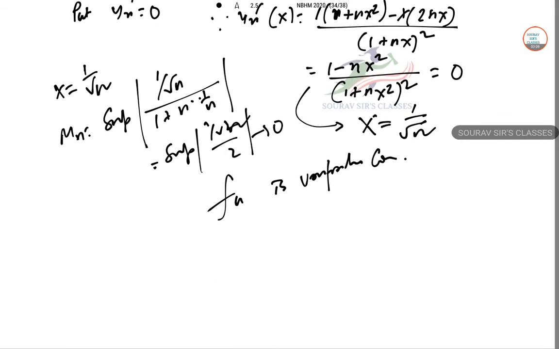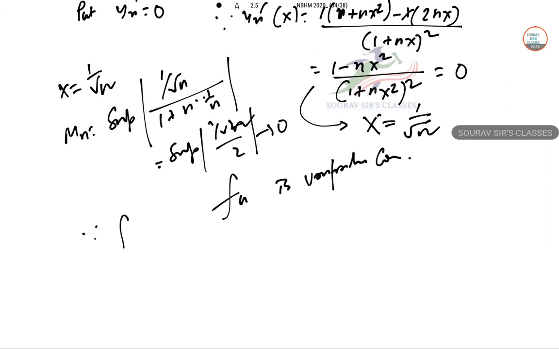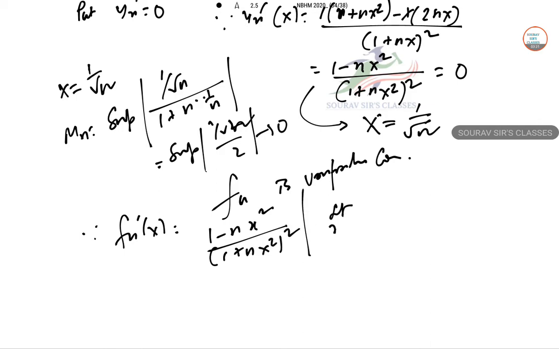Now for options C and D, f_n'(x) equals (1 - nx²)/(1 + nx²)². Let the limit as n tends to infinity of f_n'(x) be g(x), which is 1 for x equal to 0 and 0 for x not equal to 0.